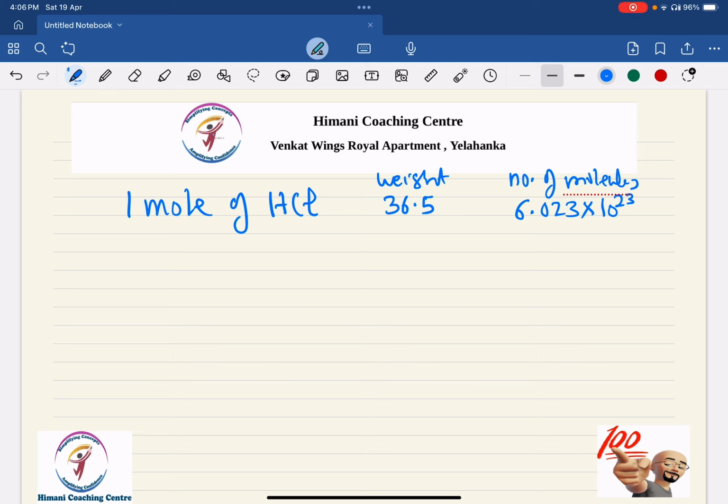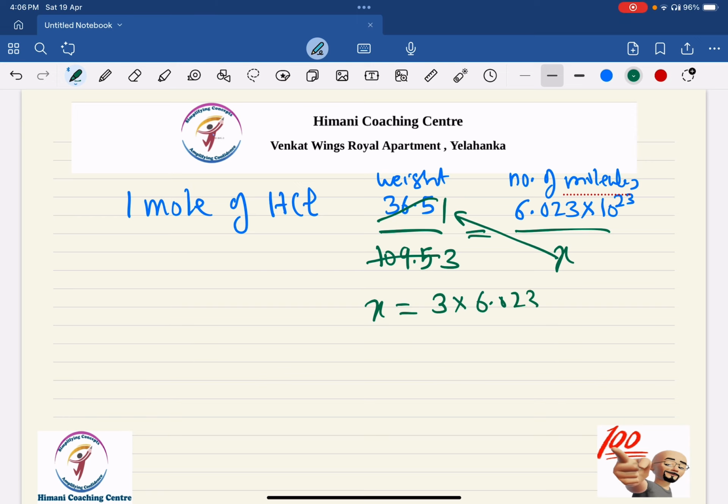Now, the question says if we have 109.5 grams of HCl, find the number of molecules. We just do direct proportion again. This is 1 times, this is 3 times. So x equals 3 into 6.023 into 10 to the power 23, and that is the answer.